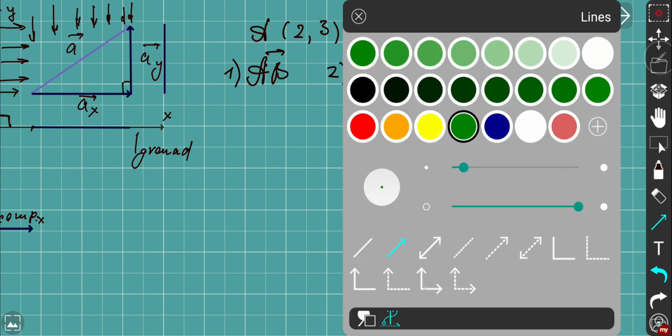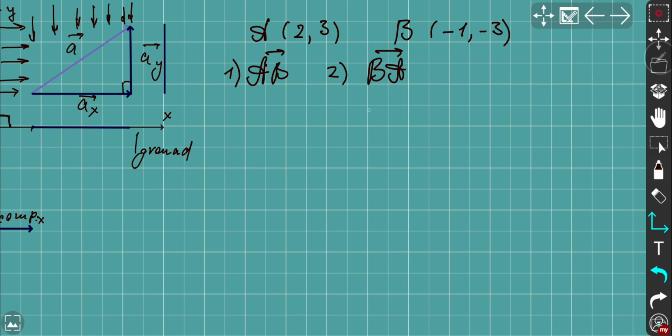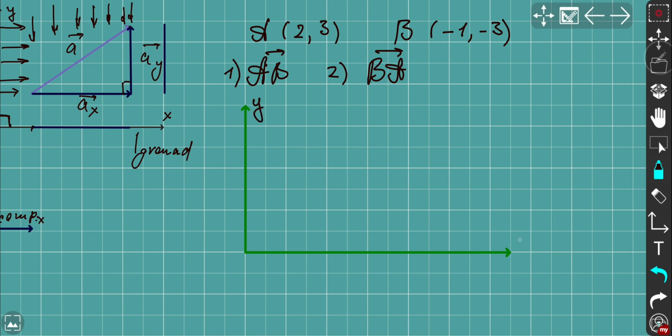First of all, we need to set up a Cartesian plane in order to work with components. Okay, and in order to work with points, right now we've got y and x direction. We want to set up, this is the origin, we first set up point A with coordinates 2 and 3.